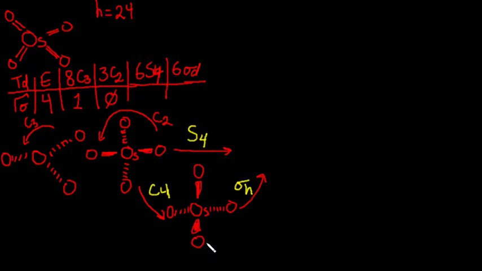Following that C4 rotation, we do a sigma h. A sigma h is a perpendicular mirror plane to the principal axis. So we're looking at the mirror plane that is cutting through the molecule like this. So the oxygens that are pointing upwards will point below the plane, and the oxygens that are below the plane will point above the plane.